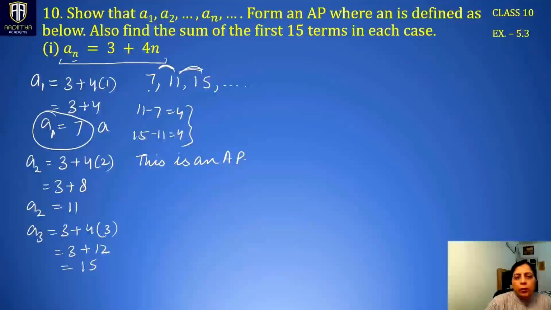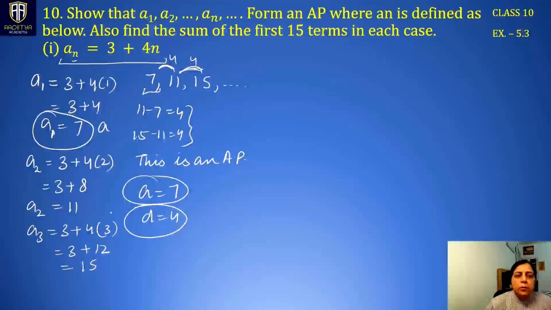This is a general formula. So this is your a. In this case, a is 7 and d is 4. This is a common constant number which is being added to the previous number. So a and d are known to us.